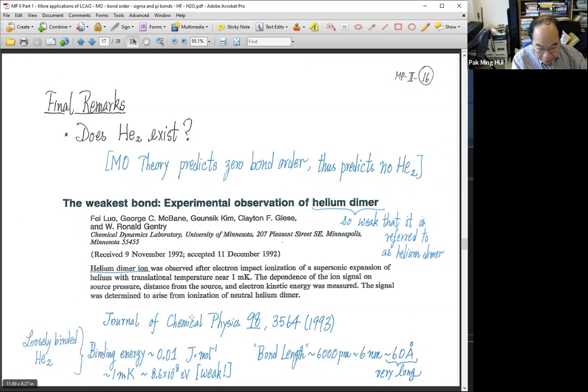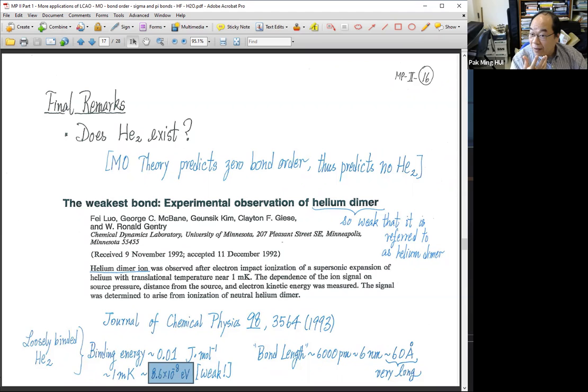So this is in chemical physics. I give you the number. The binding energy is 0.01 joule per mole, so very tiny. Well, in physicists' units, it is 10 to the minus 7 GeV.